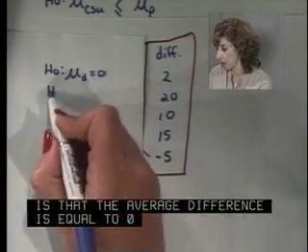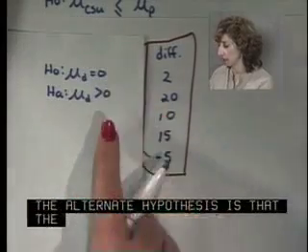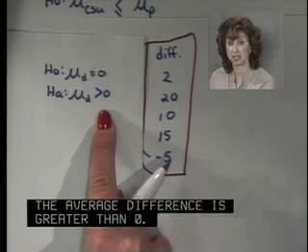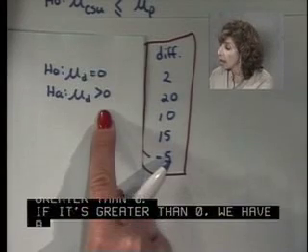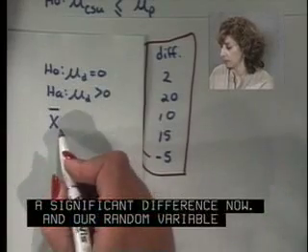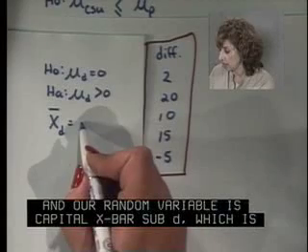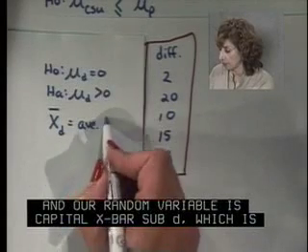The alternate hypothesis is that the average difference is greater than 0. If it's greater than 0, we have a significant difference. And our random variable is capital X bar sub d, which is the average difference.